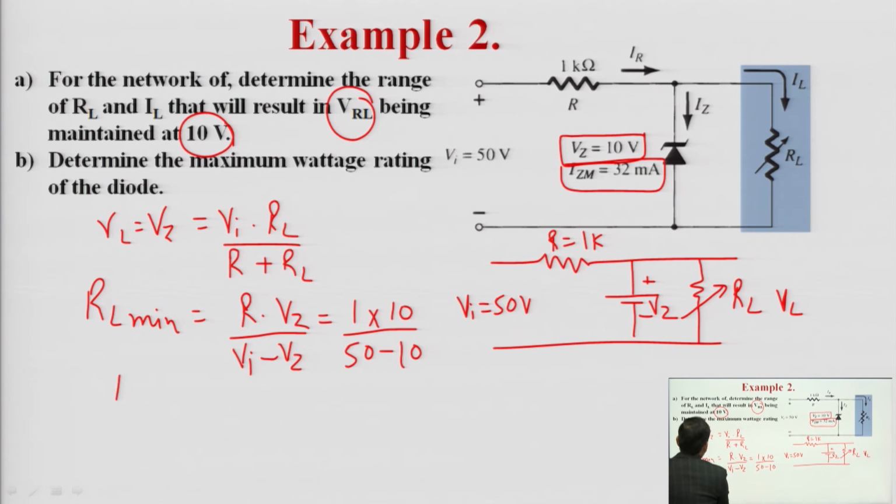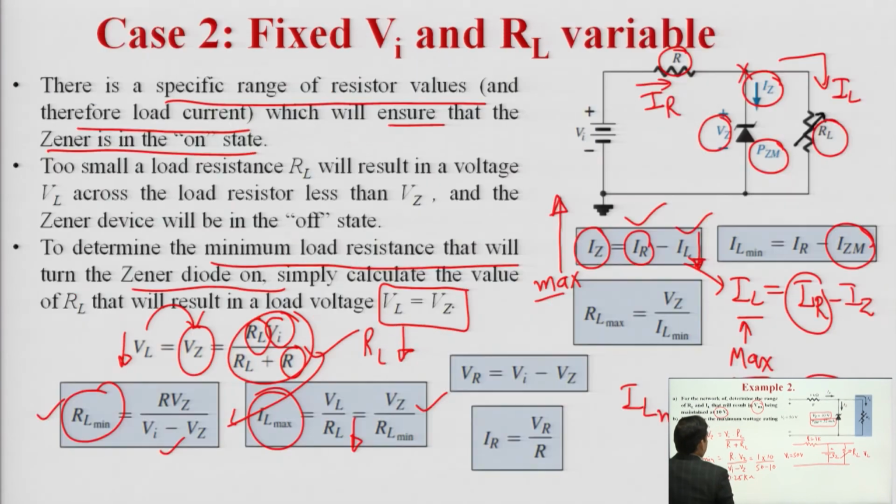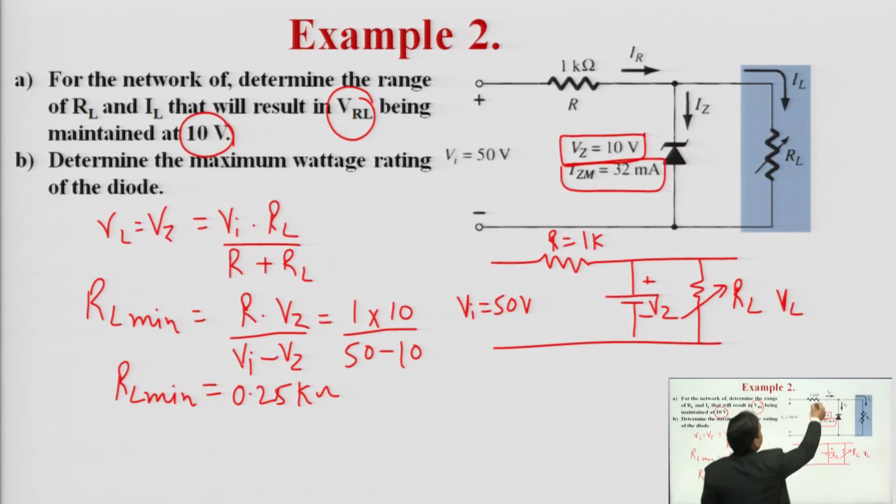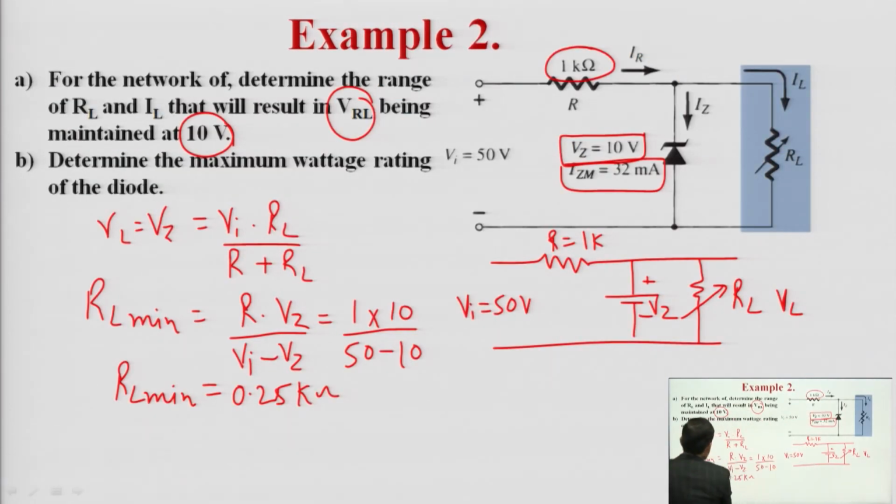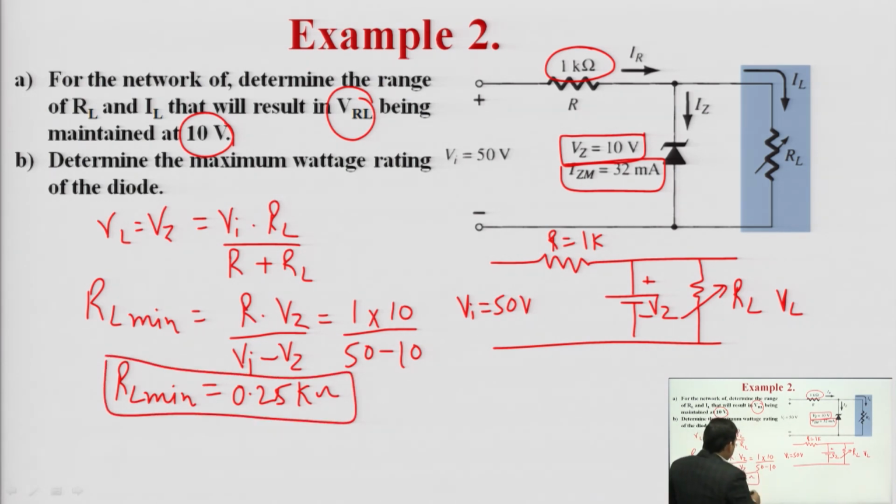So RL minimum is 10 by 40, which is 0.25, because we have resistance in kilo ohm here. This is the minimum value of resistance; below this 0.25, this circuit will not work as a regulator.